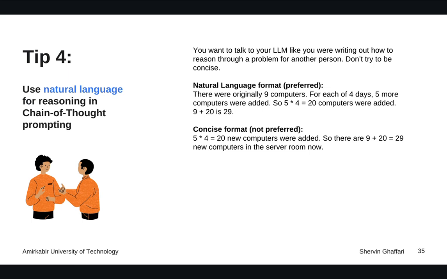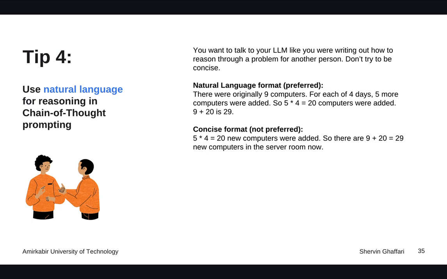For the tip of using natural language for reasoning in chain of thought prompting, natural language format is more favorable in comparison with concise format, since users expect to talk with a human, not like a robot or a language model. They expect natural language reasoning, not a concise format or abbreviations for its reasoning.